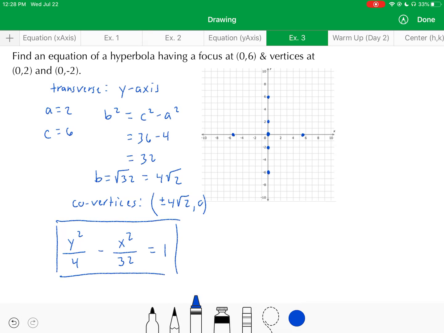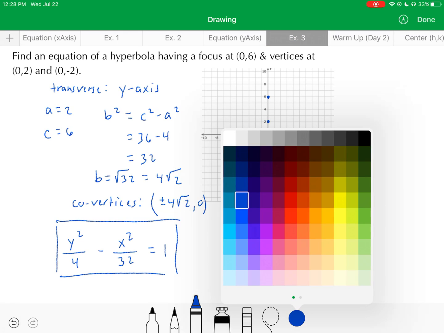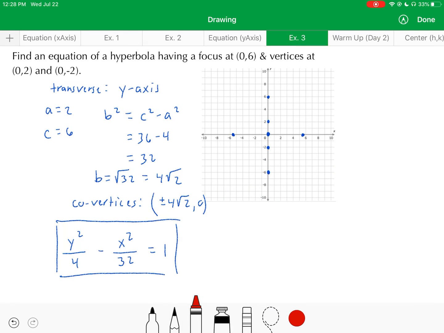All right, there's the equation. And then why don't we finish off the graph here as well? I'm going to draw in my rectangle. And then that's going to lead me to my asymptotes.